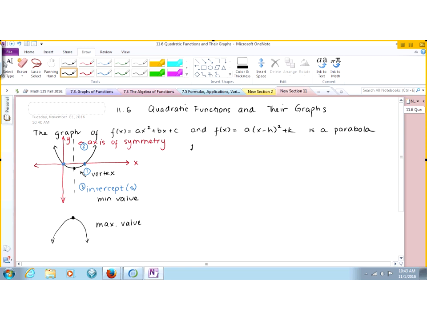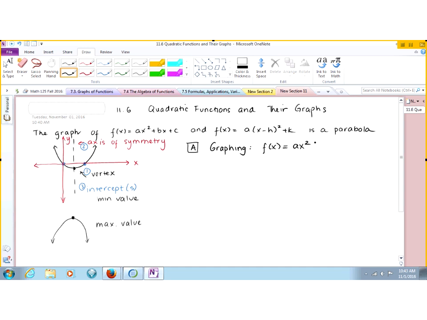So what we're going to do is graph f of x is equal to ax squared. So this is the first one.